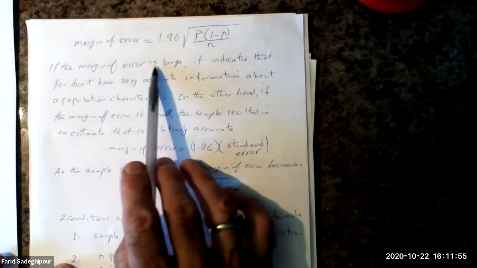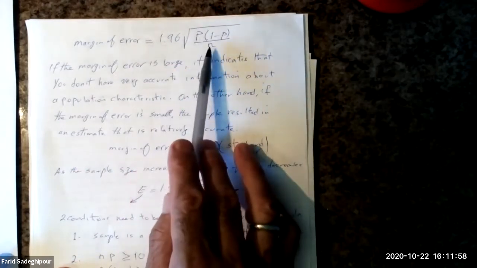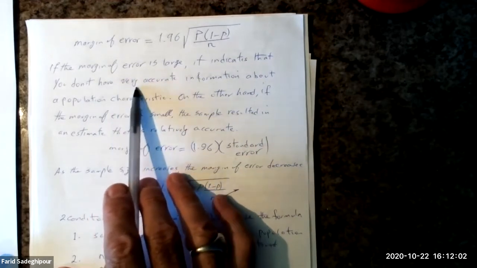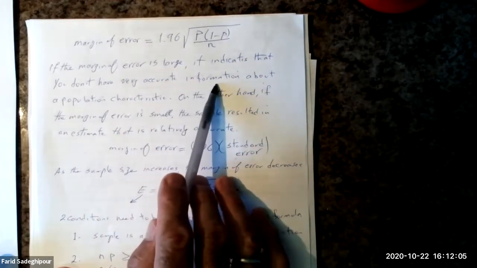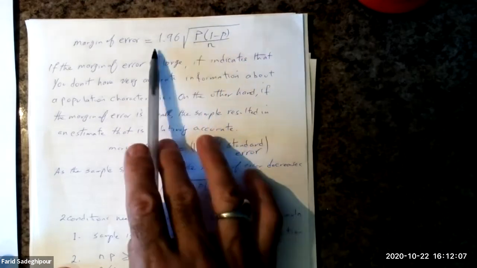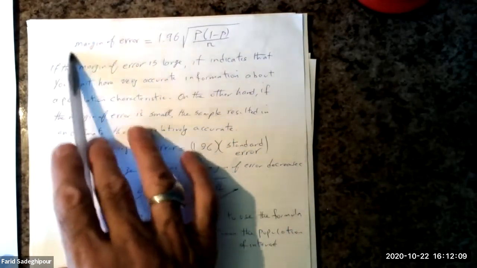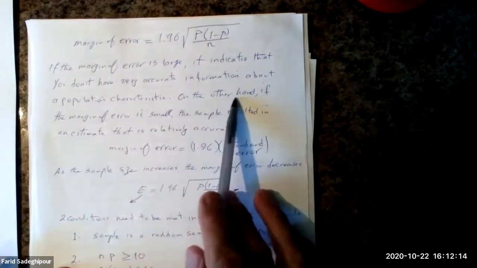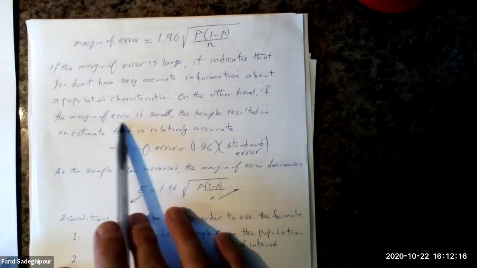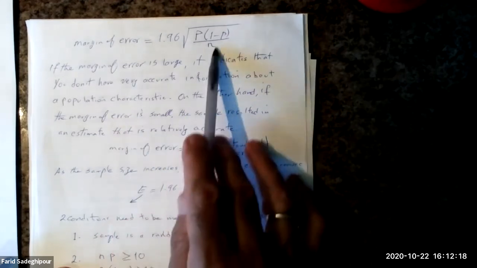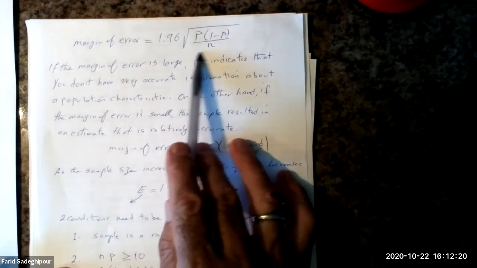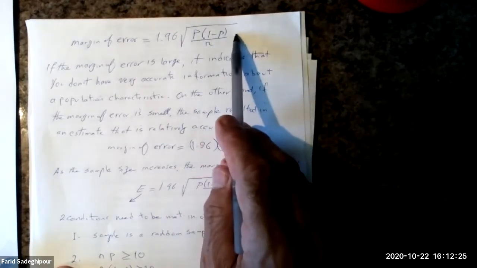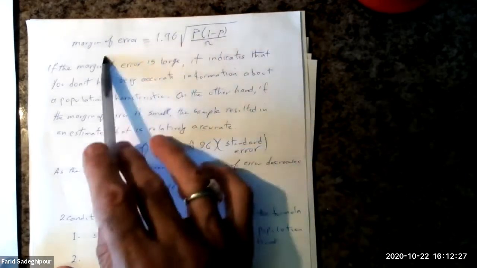If the margin of error is large, then that indicates that you don't have very accurate information. If this N is small, then this number would increase, so you get a big number here. You don't want that. You always want a small number, right? So if N is getting larger, then the margin of error drops.